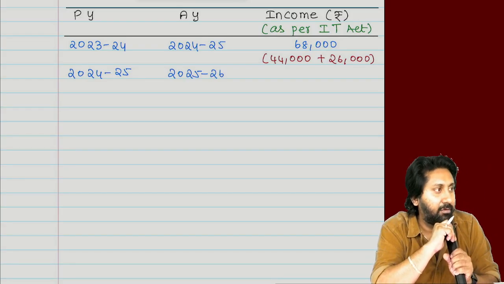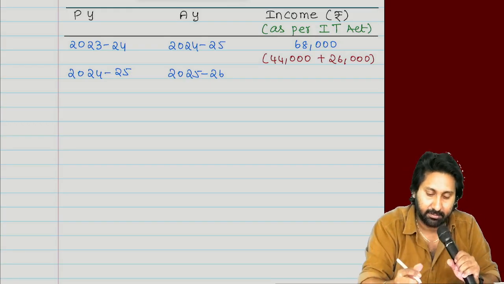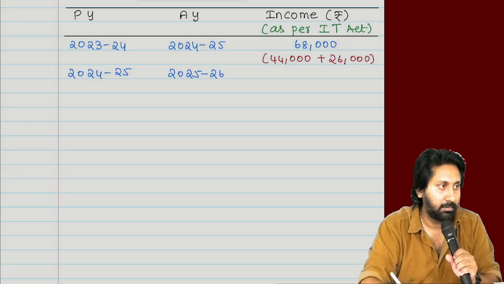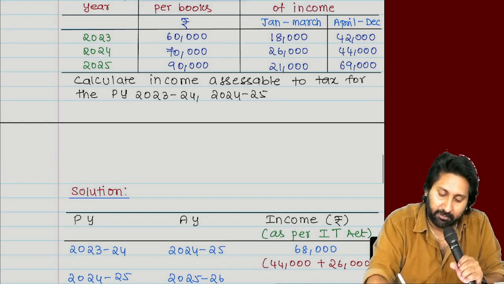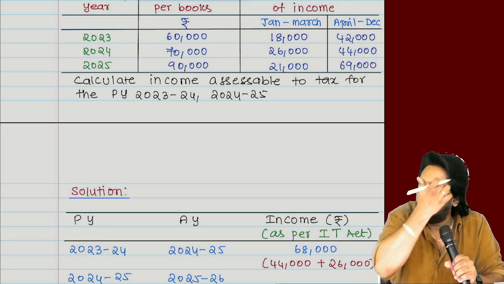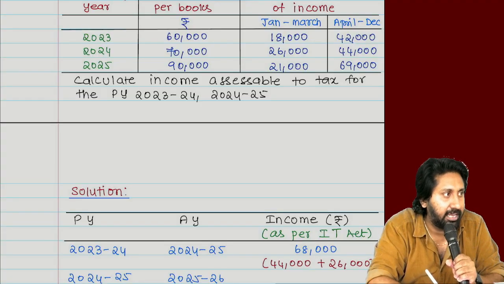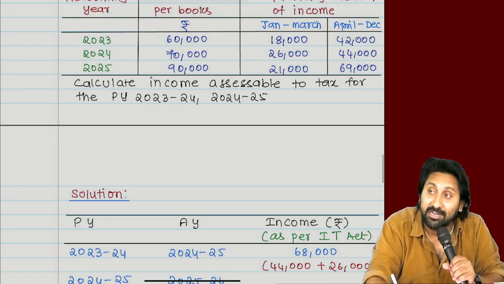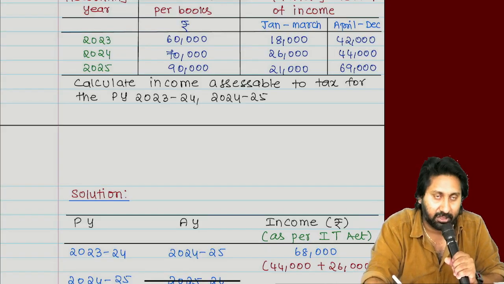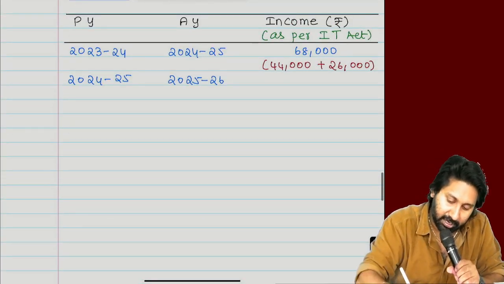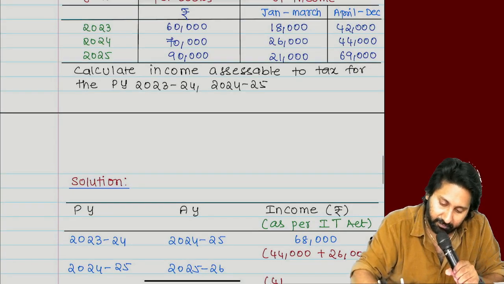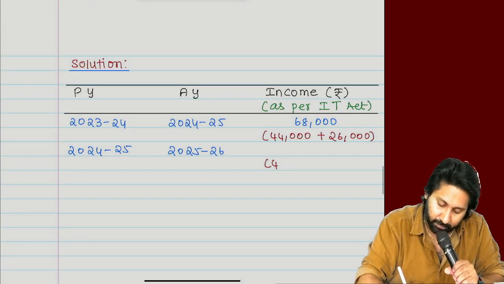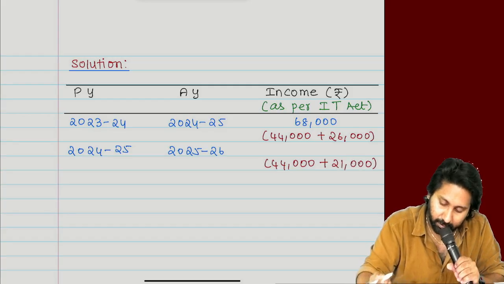Previous year 24-25, assessment year 25-26. Tell. Does the 26,000 in the 24 year have anything to do with that 24-25 previous year? No. 44,000? Yes. But you should not stop with 44. You should also take the next year's 21,000. Right now, tell me the values. 40, plus 4,000, plus 21,000.